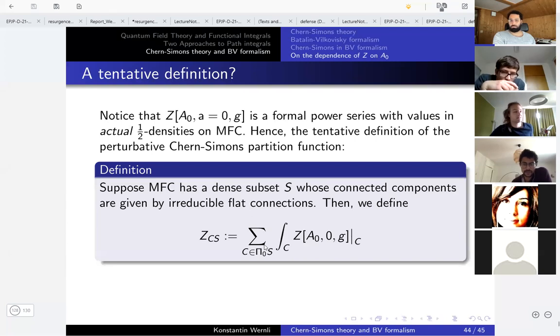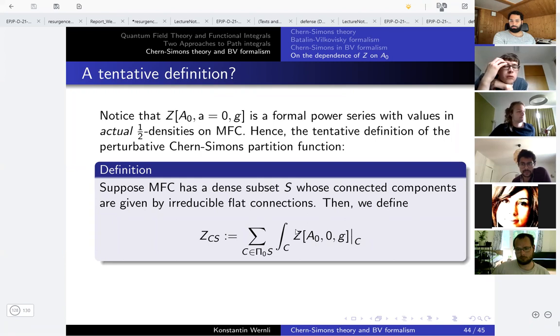And now if I have a dense subset consisting of such components, then my guess would be that the definition of the perturbative partition function is just summing over those components the integral of this density here.